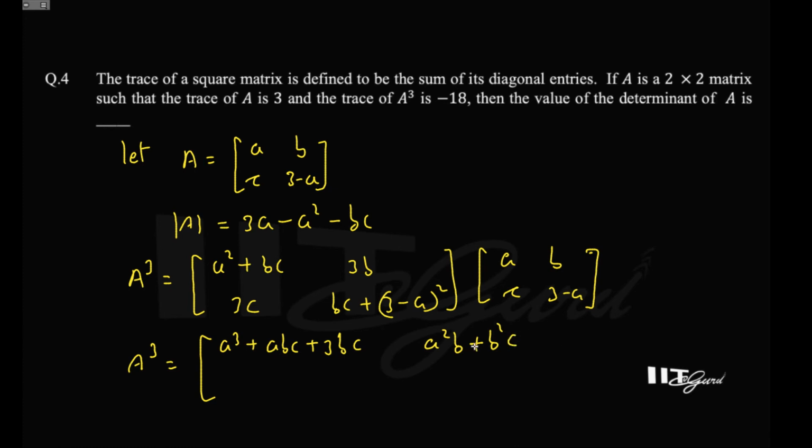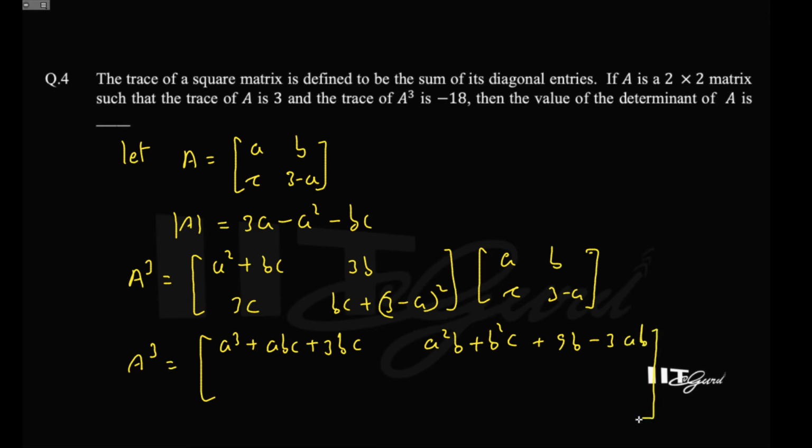This is actually the 1, 2 element, so first row and second column, plus 9b minus 3ab.